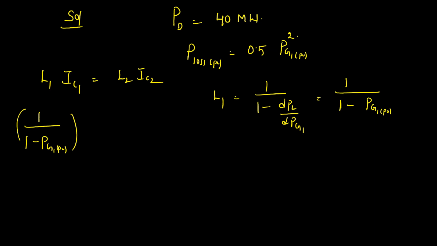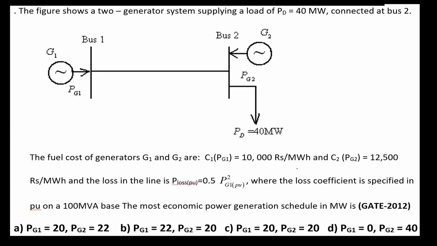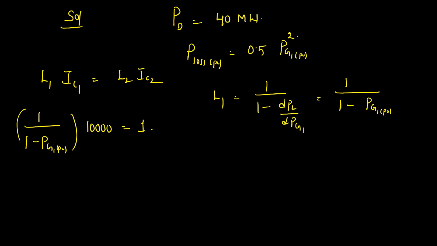So 1 by 1 minus Pg1 per unit is into the incremental cost, which is 10,000 rupees per megawatt hour, and the penalty factor of generator 2 is 1. Why? Because the load is directly connected to bus 2. So the penalty factor of generator 2 is 1 into 12,500 rupees per megawatt hour, with whatever data he has given.